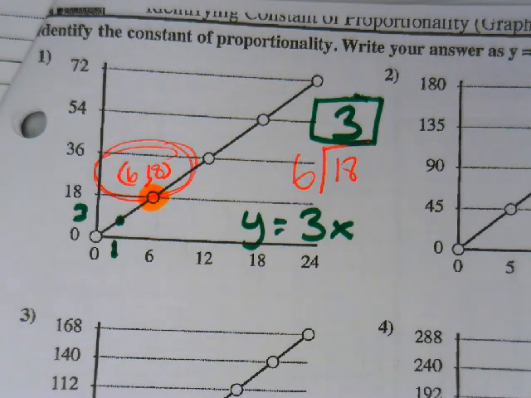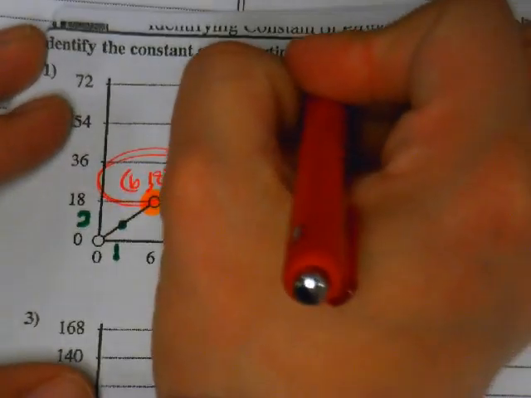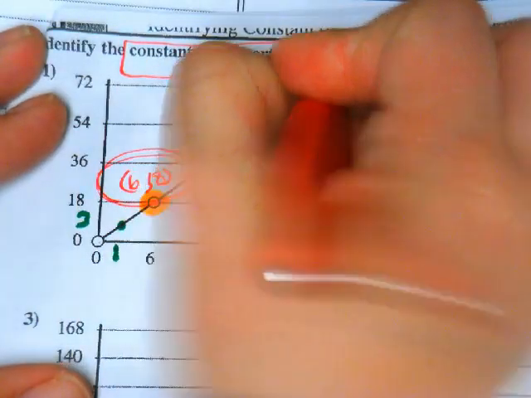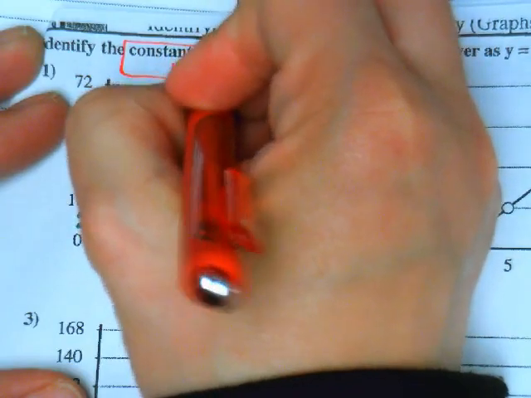What do you think? Take a wild guess. What do you think the words constant of proportionality really means? What have we been solving for this whole time? Unit rate. So, you will see these fancy words, constant of proportionality, and all it really means is unit rate.